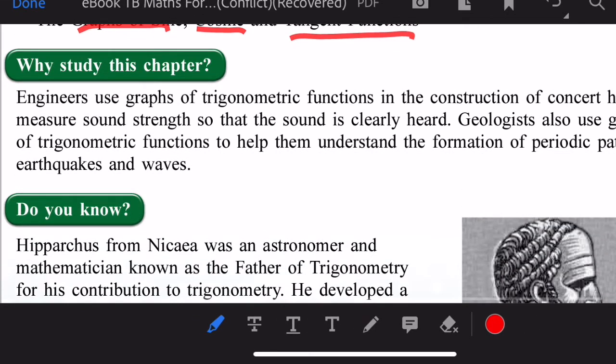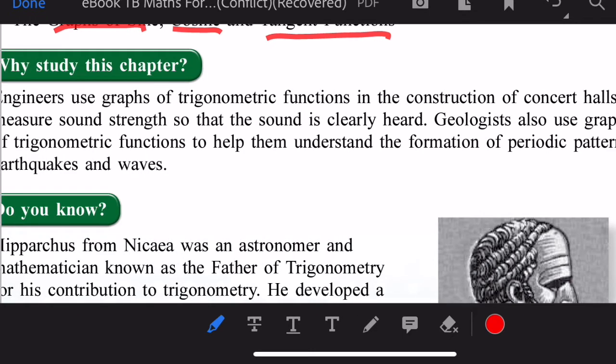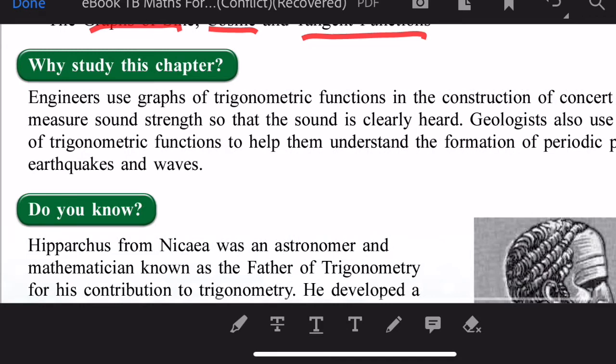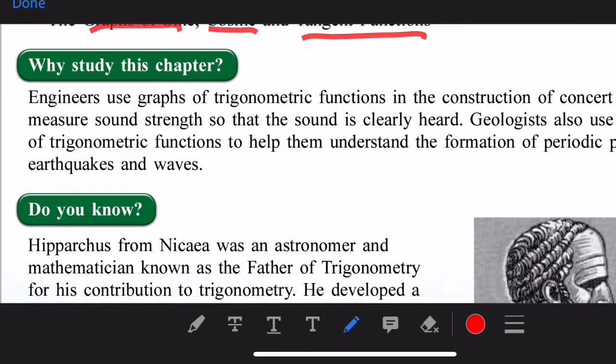Alright, why study this chapter? Engineers use the graph of trigonometric functions in the construction of concert halls, to measure sound strength so that sound is clearly heard.